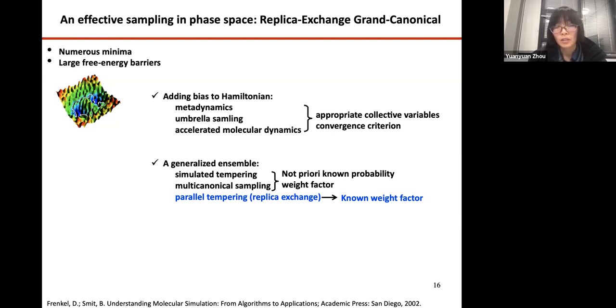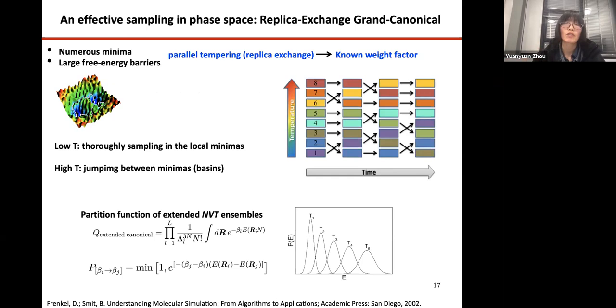You need a lot of tests to find a good weight factor. For replica exchange, as I will talk about later, the weight factor is well known for different ensembles. So we choose replica exchange.